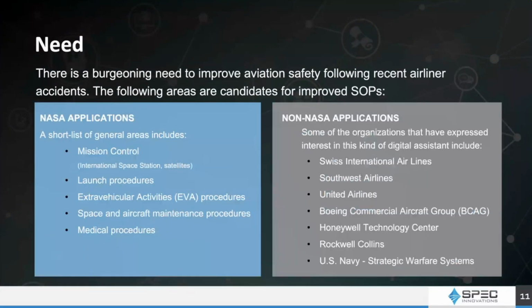Now, the fortunate thing, by the way, is that we did have a starting point, which was InnoSlate. So again, what's the need? You can see some lists here of things we came up with for NASA and some non-NASA applications, and there's been interest in each of these areas.